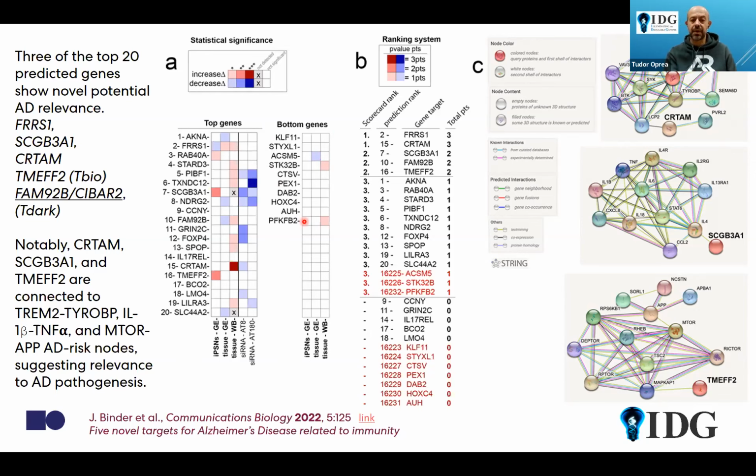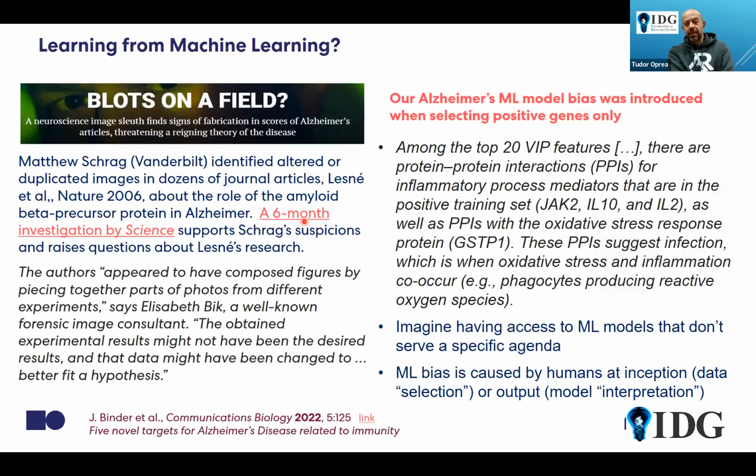The other learning that we took is that initially the paper was rejected in Nature Communications and other top-tier journals because we didn't find anything related to the amyloid precursor protein or APP pathway. And as you probably have seen by watching the news, a lot of phase 3 clinical trials targeting APP with monoclonal antibodies have failed.